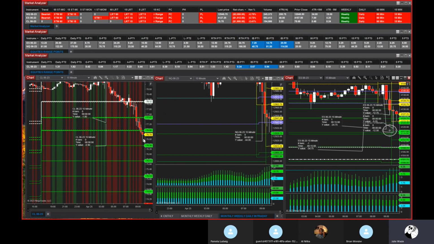So getting a little bit of retracement too in the crude. Didn't quite get to my anticipated level. It got 70 points below the range, thereabouts, something like that.